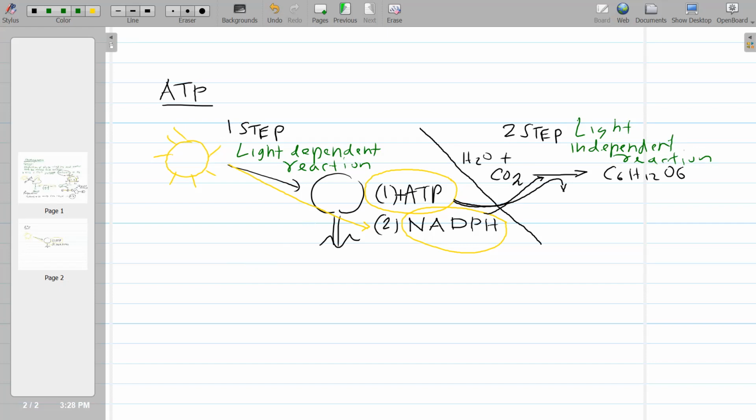Okay, now ATP is the universal energy for all organisms. Why can't the plant solely depend on ATP? If the plant can produce ATP, then the plant can use this ATP, so then the plant does not need to produce glucose.